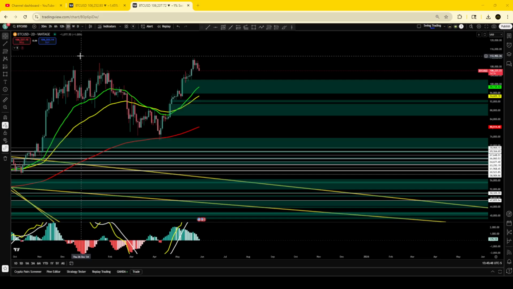In order for it to be confluence, the 2 day and the 12 hour have to show bullish confirmation. The reason you want that is because aligning trends across time frames creates higher probability trades. And it works, man. It definitely works.